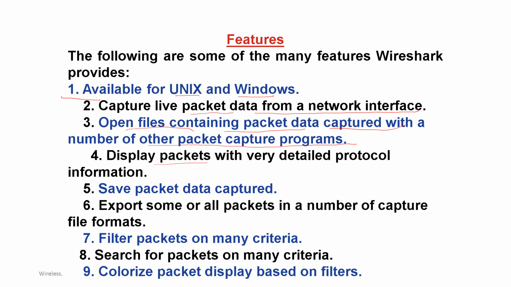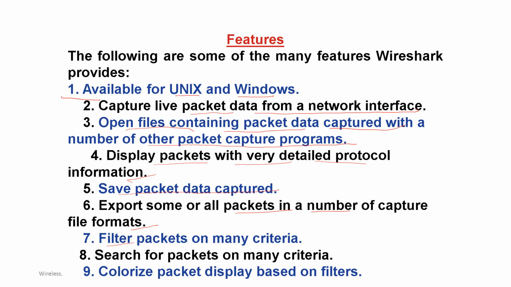It can also display the packets with very detailed protocol information. We are also able to save the captured packet data, and we can export some or all of the packets in a number of file formats.